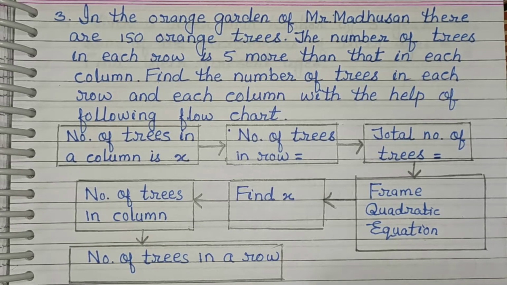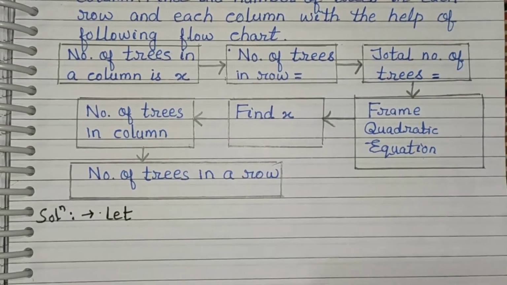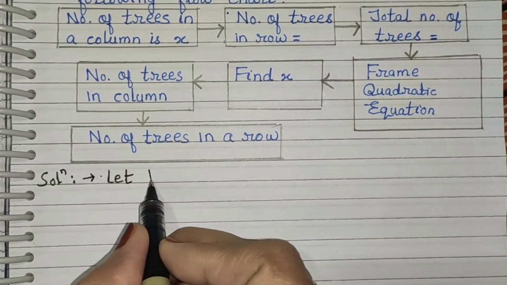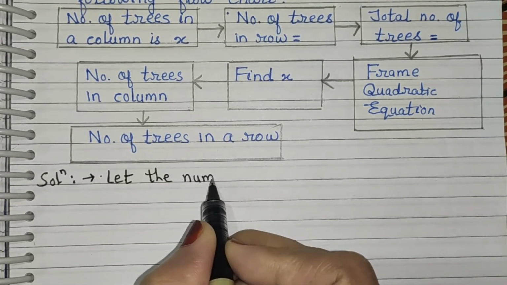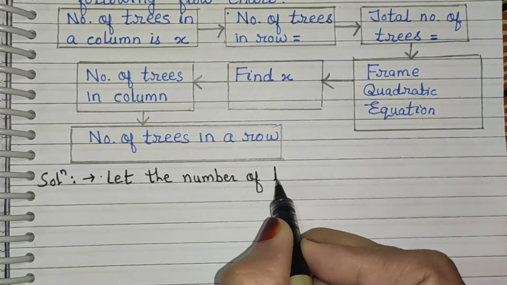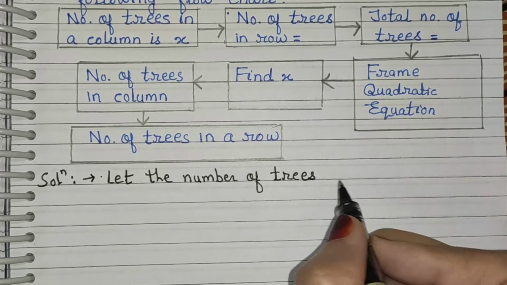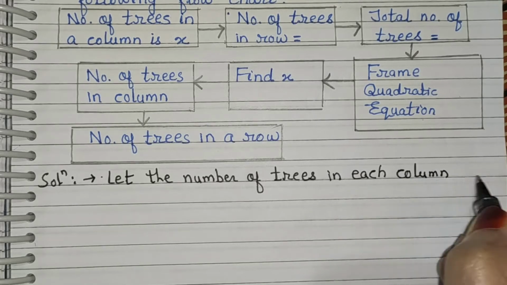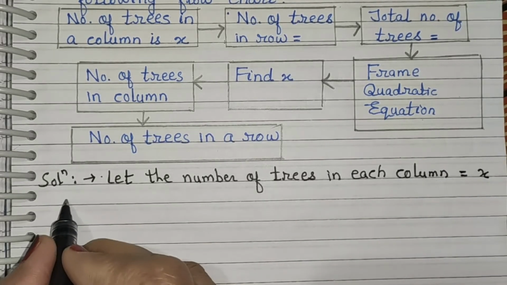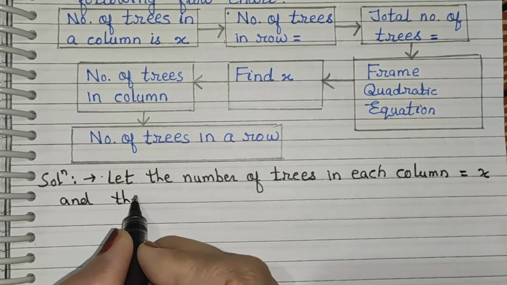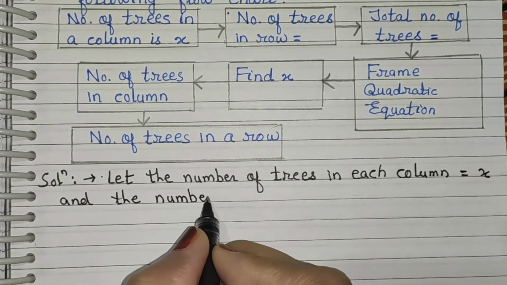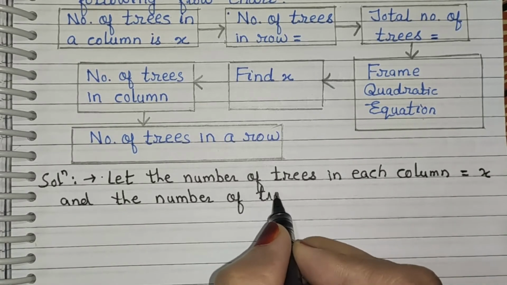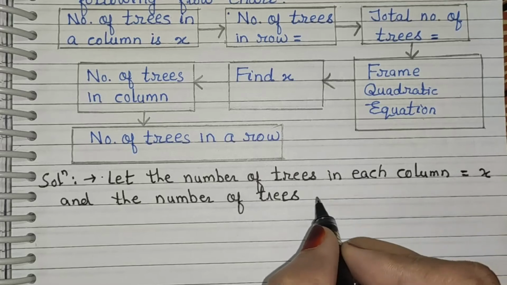Let us consider the solution. Let the number of trees in each column is equal to x and the number of trees in each row.